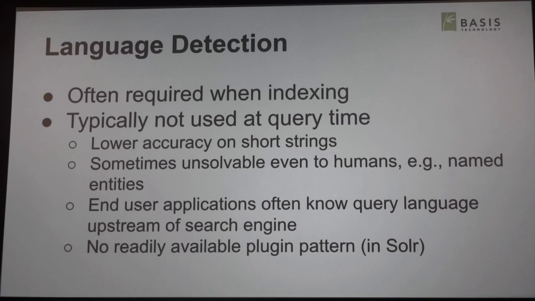You can query Wikipedia and say, give me everything in en.wikipedia.org, and then in jp.wikipedia.org, et cetera. So right there, you know the language up front. It's given to you, so language detection wouldn't apply there.